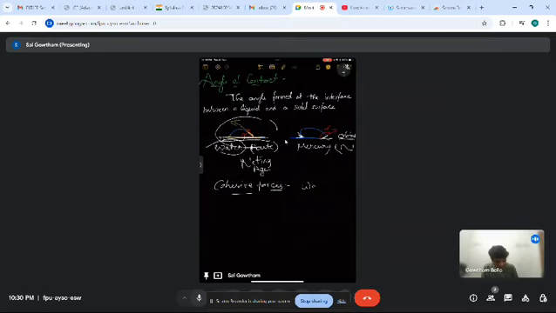In mercury, they are more. So because of that, the angle of contact of mercury will be obtuse, and the angle of contact of water will be acute.